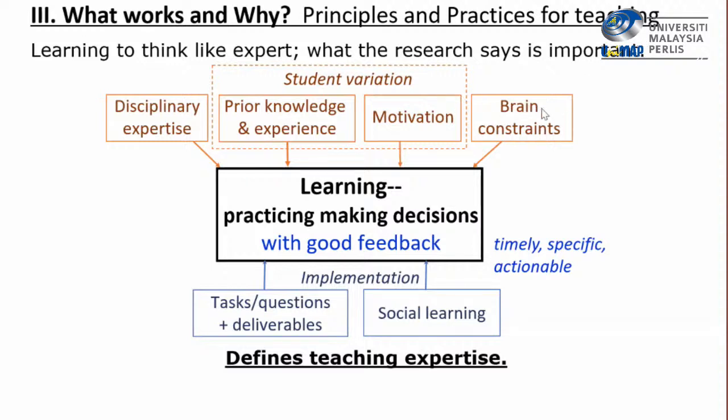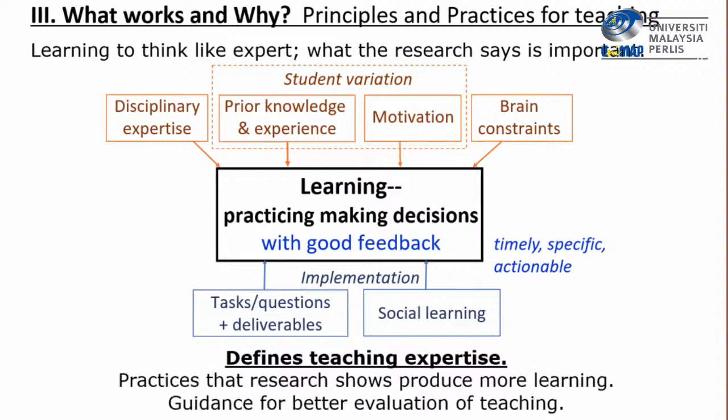The ones up at the top determine what goes into making good practice activities, and the ones down at the bottom go into how to implement these effectively in the university classroom setting.